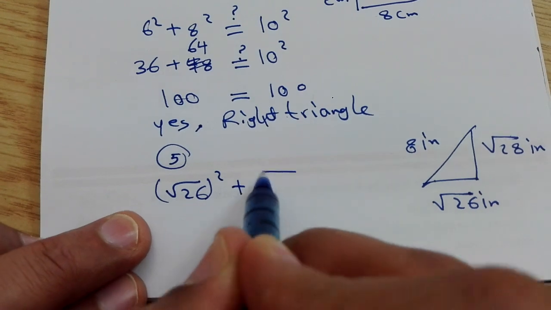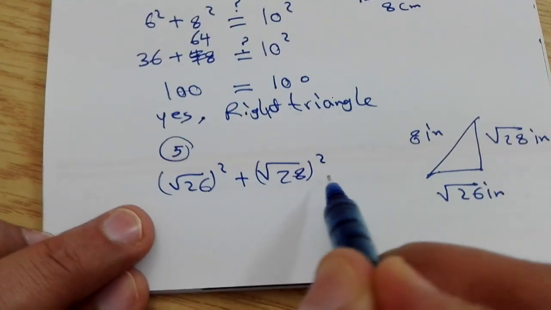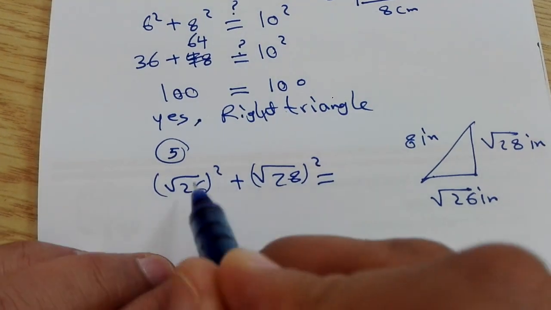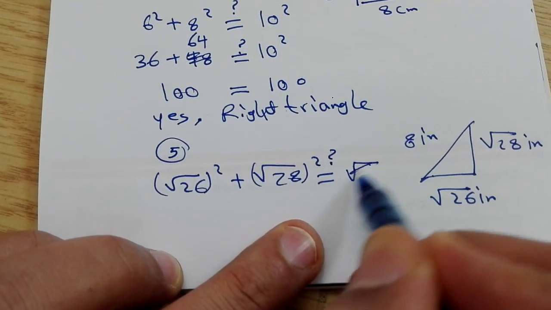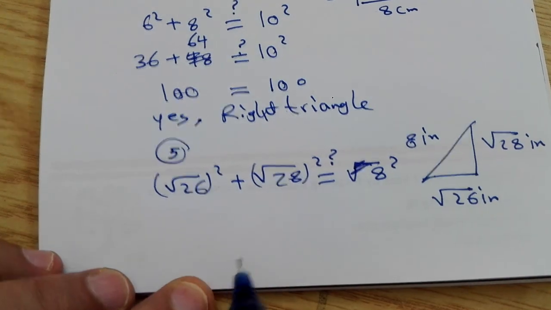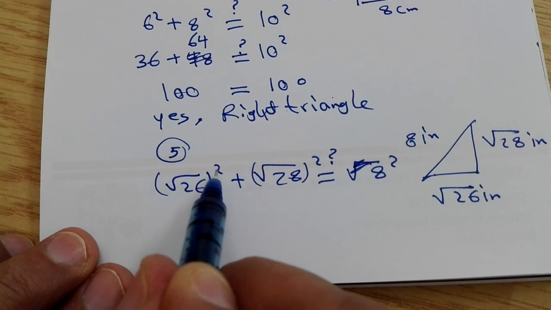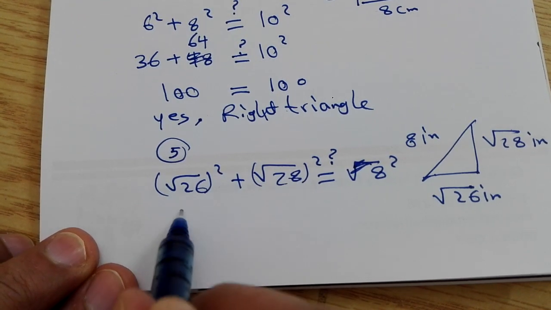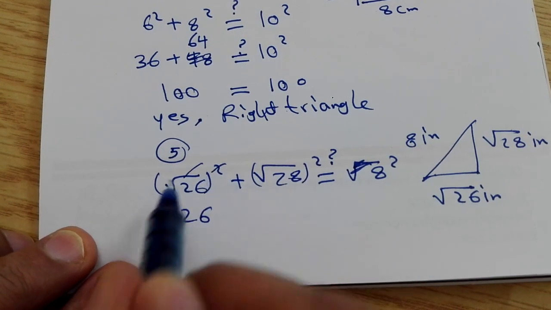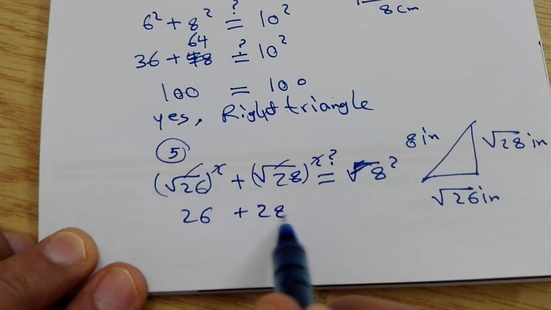Then find root 26 squared plus root 28 squared. Now the question is, is this quantity equal to 8 squared? As we said before, the square or power 2 is the inverse operation for the square root, so this is 26 only, and the same, this is 28.